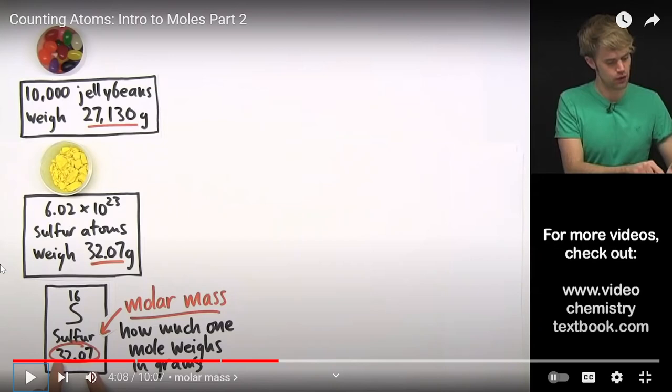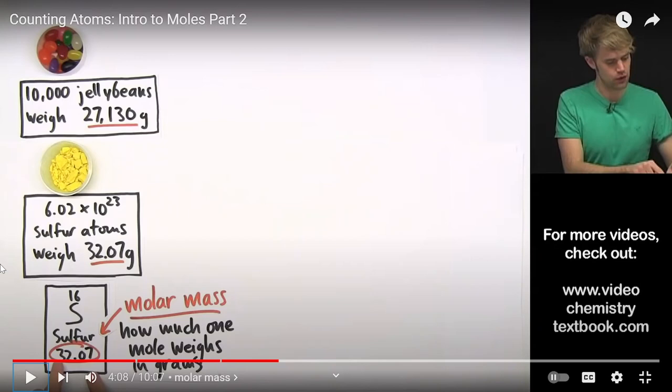So in other words, 1 mole of sulfur atoms has a mass of 32.07 grams. And in fact, the reason that we chose the number 6.02 times 10 to the 23 is so that we could say that many AMU is going to equal 1 gram, and that's going to be the same number.